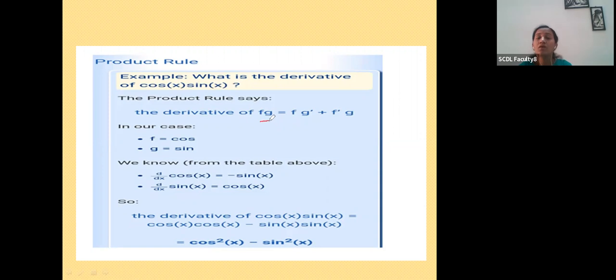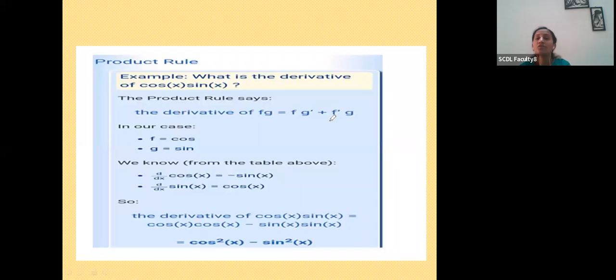So like this, for the product, f is nothing but cos x, and g is nothing but sin x. What I mentioned here is f g dash. First of all, keep the cos x the same and take the derivative of sin x, so we can say cos x times d by dx of sin x, plus f dash g.